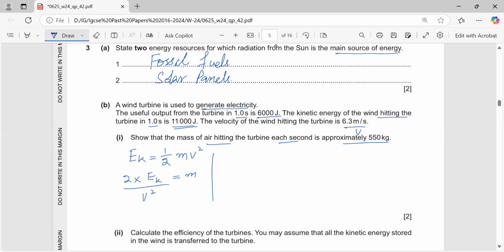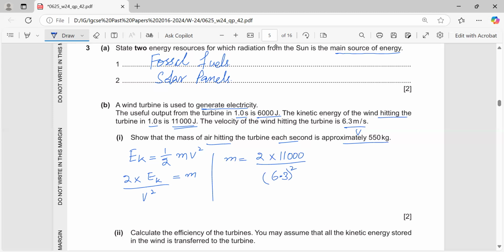Then mass is equal to 2 times kinetic energy, which is 11,000 joules, over speed, which is told 6.3, but not only 6.3, we are supposed to calculate its square.